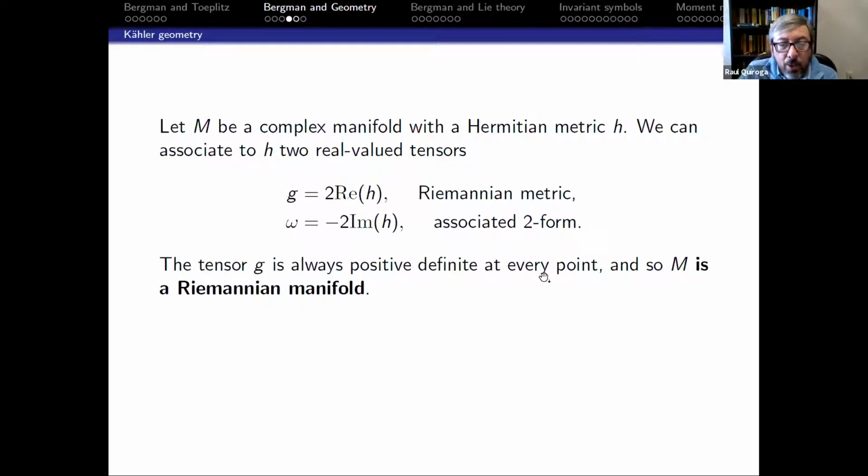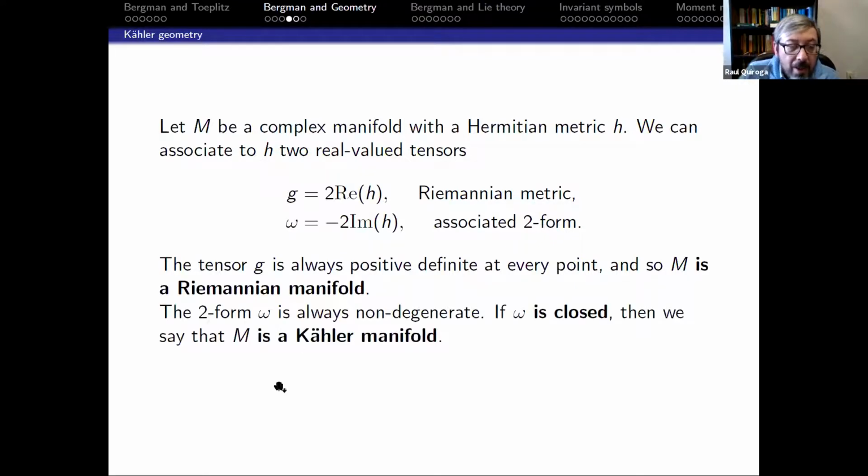The tensor G is always positive definite, so you get a Riemannian manifold. You can talk about geodesics, curvature, isometries, things like that. And on the other hand, this two-form, because it comes from H, which is non-degenerate, is always non-degenerate. If furthermore it is closed, then you say that your manifold is a Kähler manifold. So a complex manifold with a Hermitian metric, you compute the associated two-form.